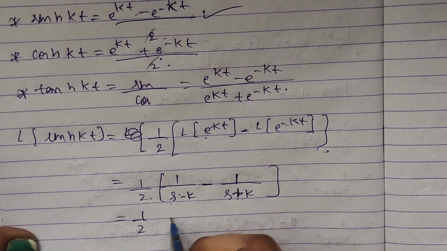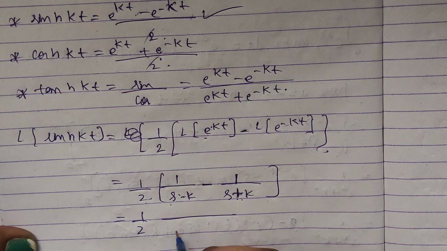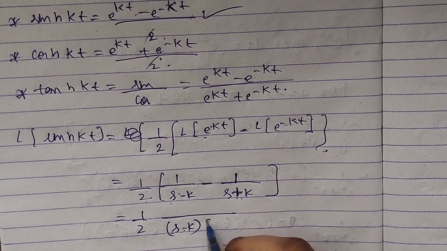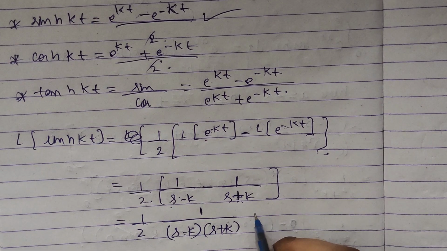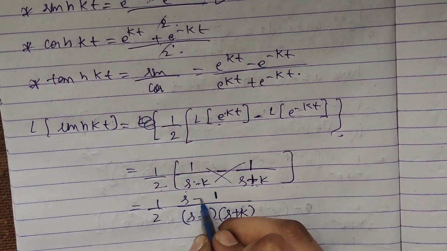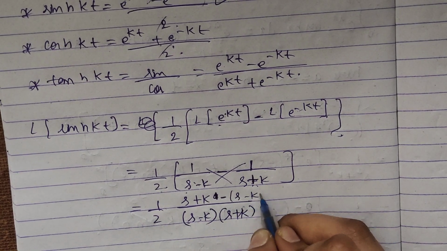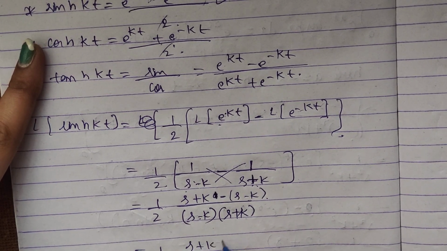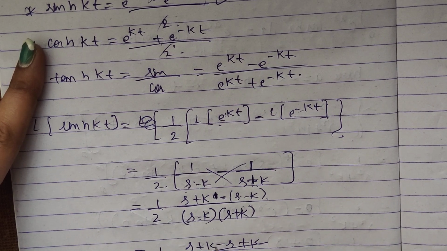Next we have to take the LCM for this. So a minus b into a plus b, that is s minus k into s plus k. Okay, the coefficient, we have to cross multiply this, s plus k minus of s minus k, which is equal to 1 by 2, s plus k minus s, minus into minus plus k.